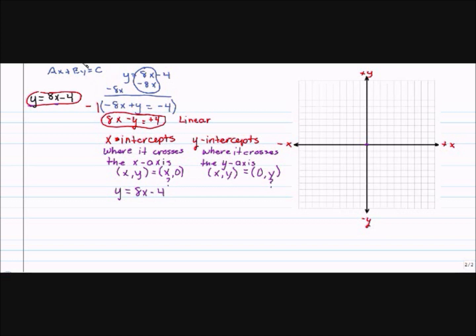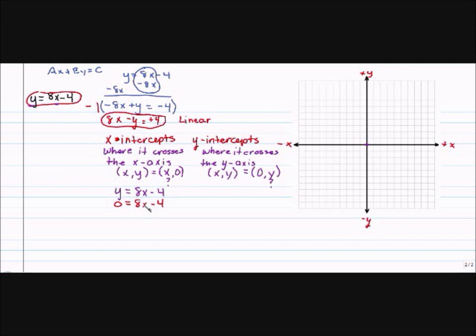Well, it's the opposite. I'm going to plug in a 0. The coordinate for your y is 0. 0 equals 8x minus 4.